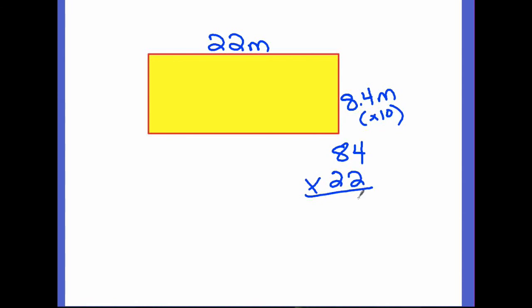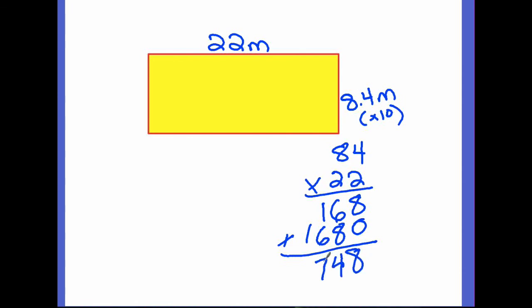2 times 4, everybody? 2 times 8. Add a 0, start in the tens place. 2 times 4 is 2 times 8. The total is 1,848. Now what do I need to do? I start out by multiplying by 10.